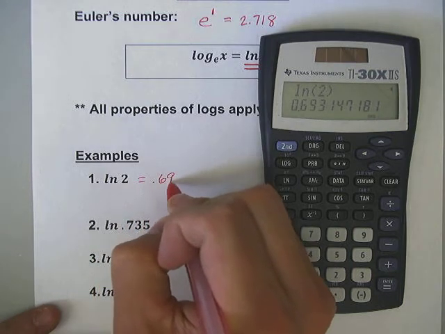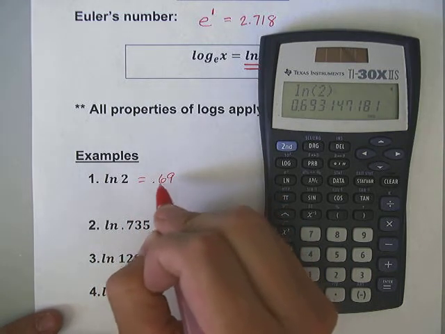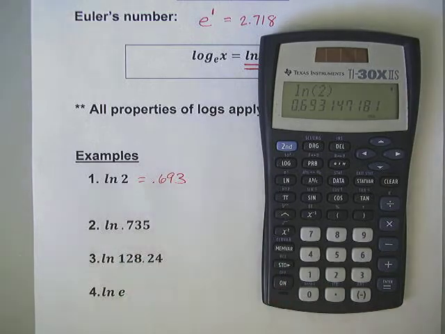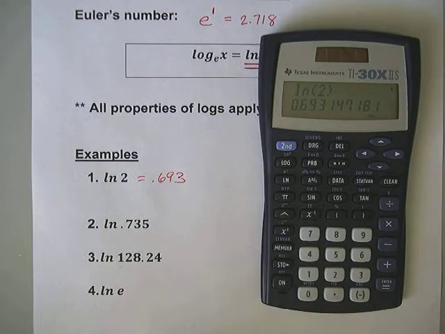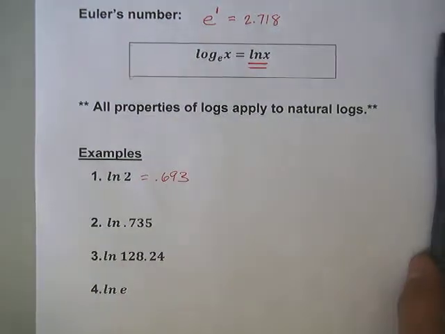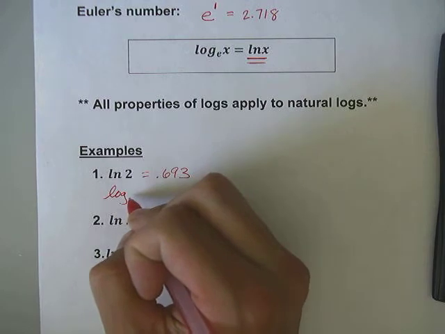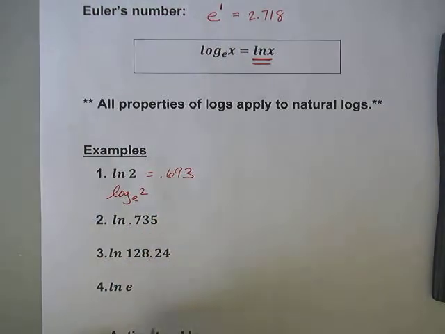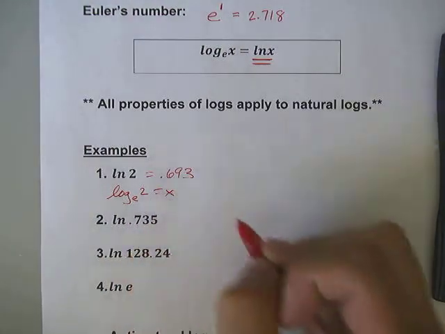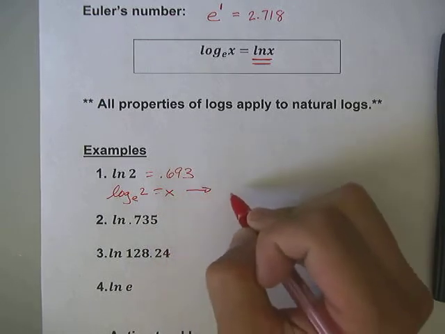So if I'm going to find the natural log of 2, I'm just going to type in ln of 2, and if we go thousandths place again, I get 0.693.